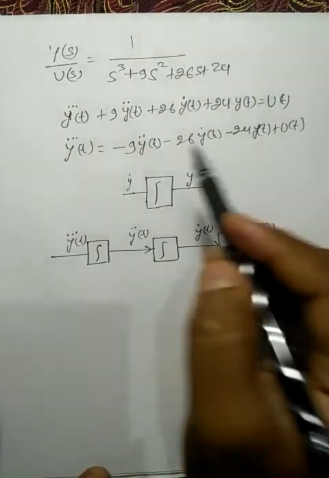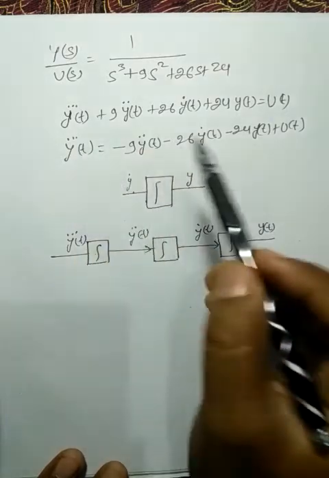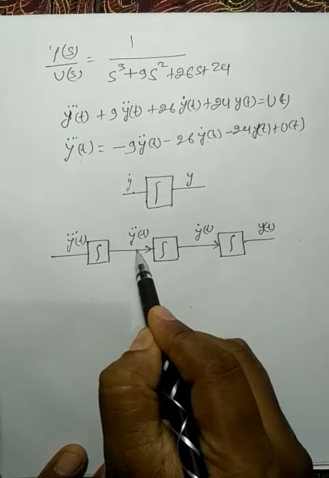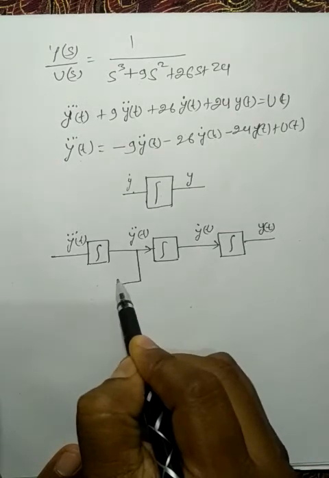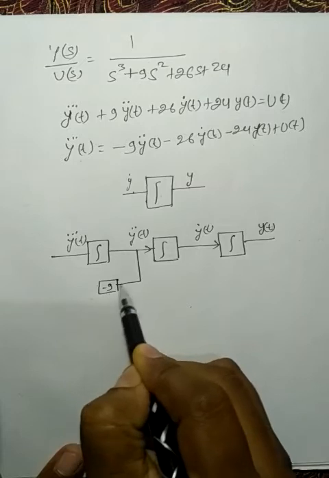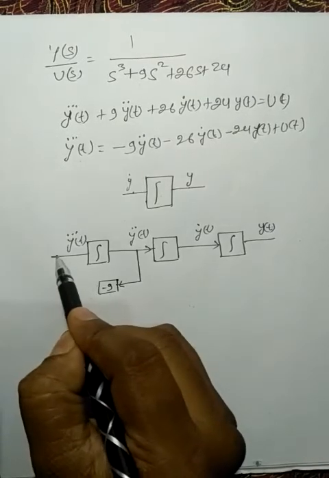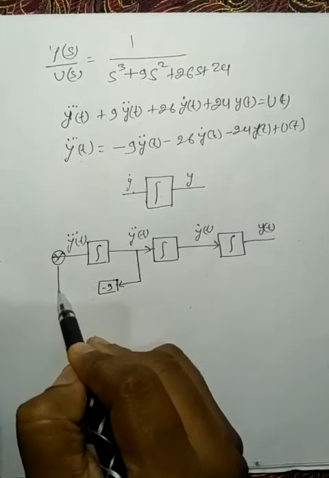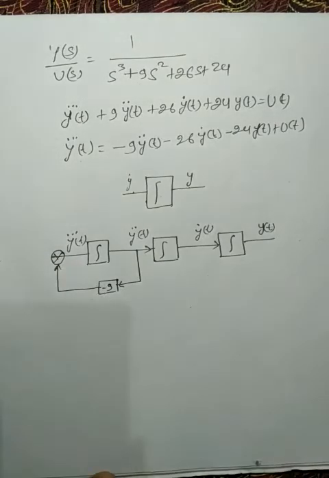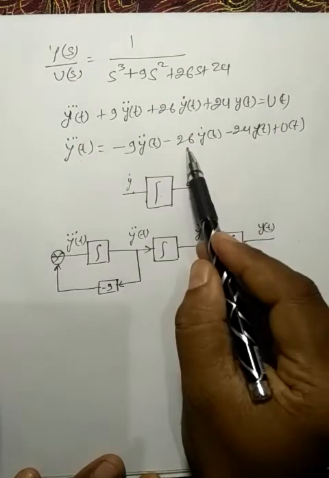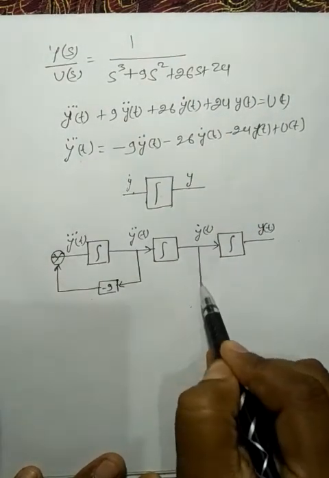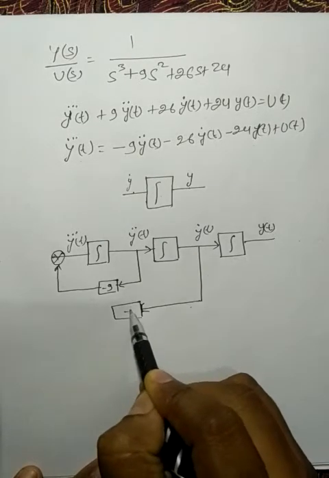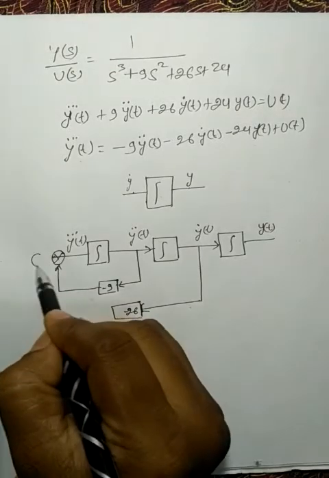And from the equation I have y triple dot t is equal to minus 9 y double dot t. So multiply here minus 9 and add it here. Right? Minus 26 y dot t, here I'll take minus 26 and again add it here.